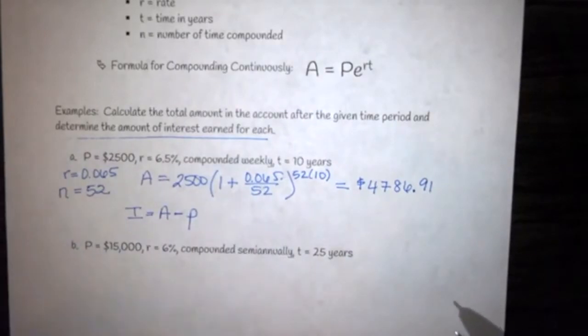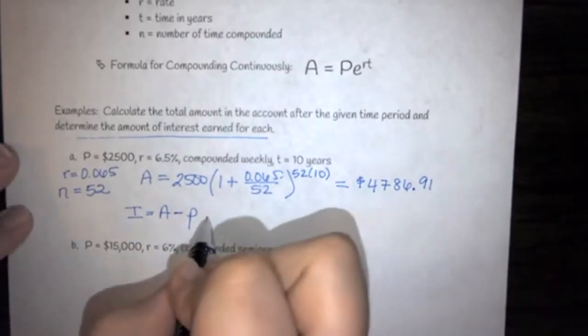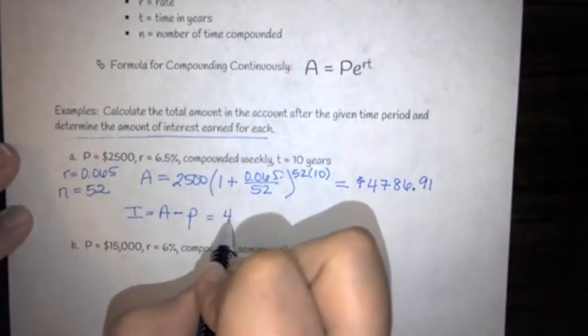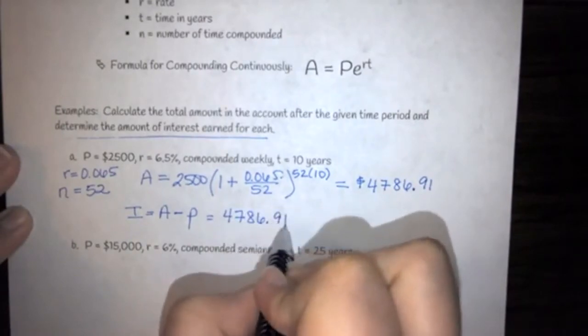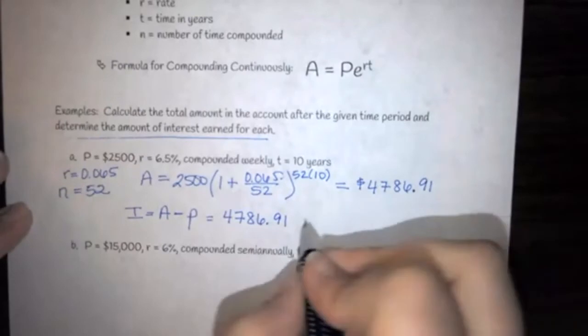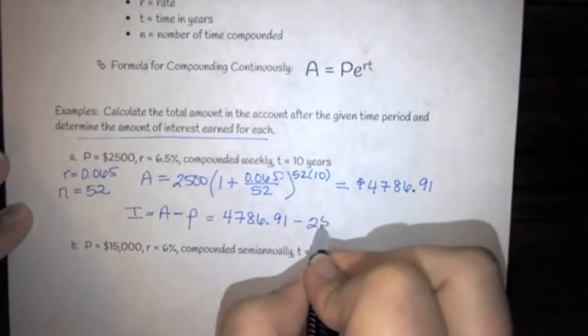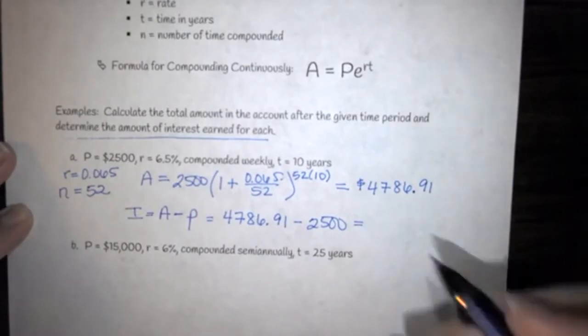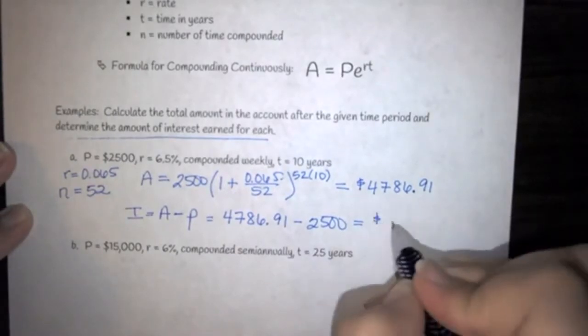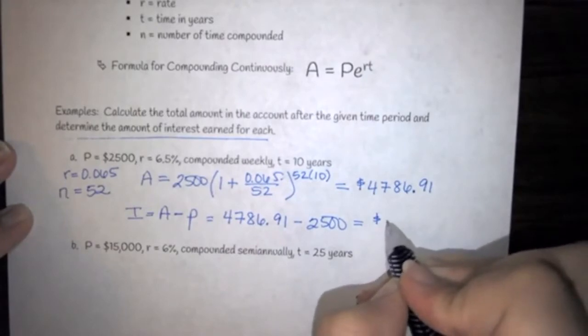So A again is going to be that future value, or the money that's been earned, and P was the money you initially put in. So here I'm going to take my $4,786.91 and subtract out that $2,500, which was my initial investment, and that is going to give me the actual interest that my account has earned on top of that investment.